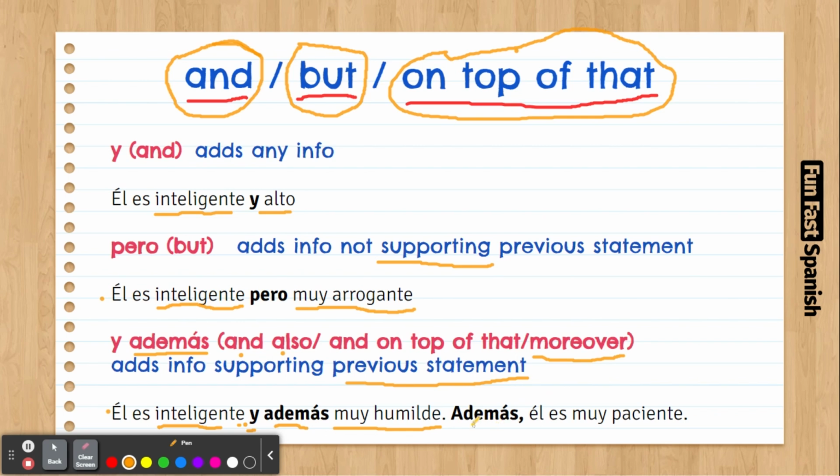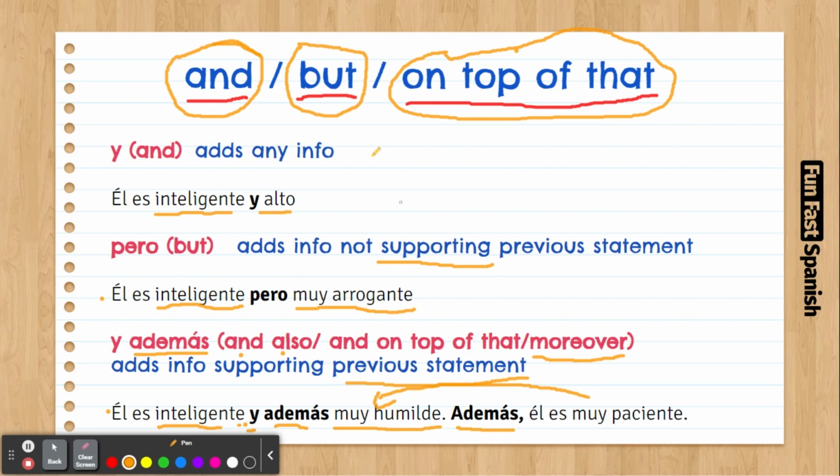It works to add information supporting the previous statement. So, for example, él es inteligente y además muy humilde. Además, él es muy paciente. Like, moreover, he's very patient. So I'm adding extra information supporting the previous statement.